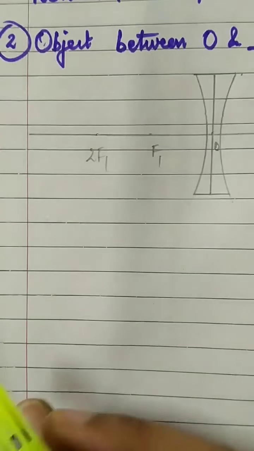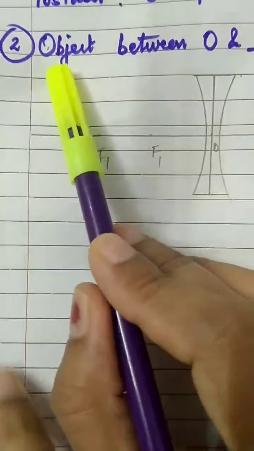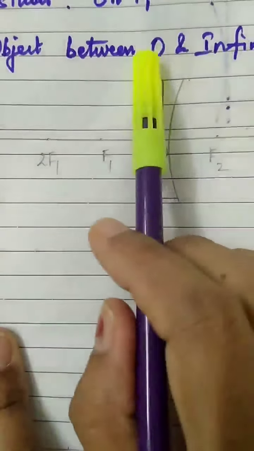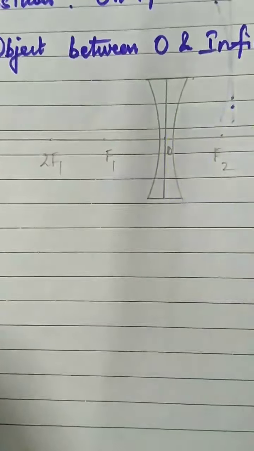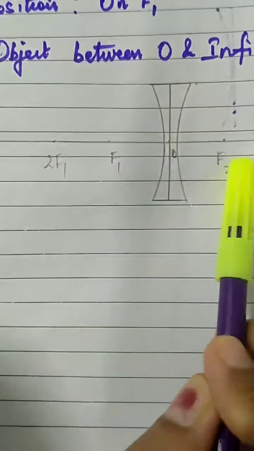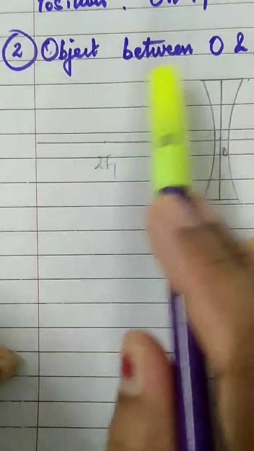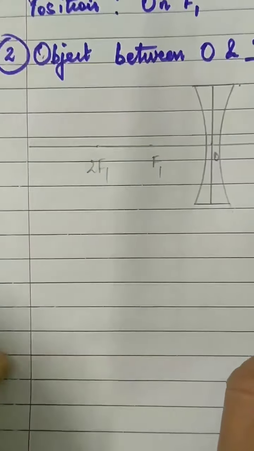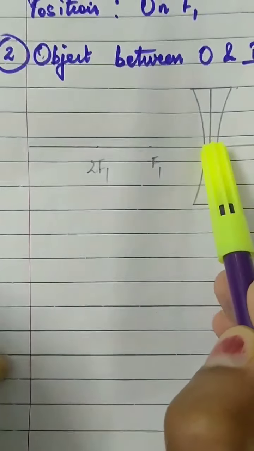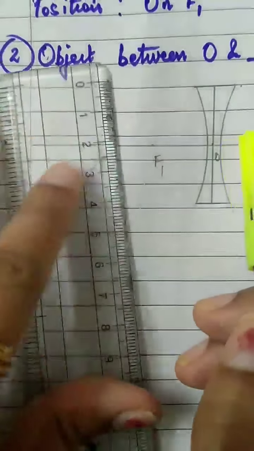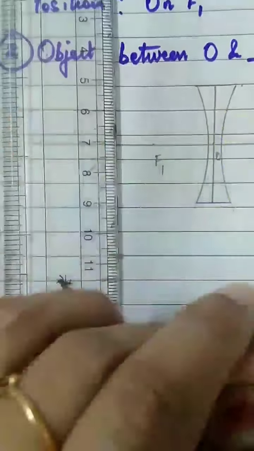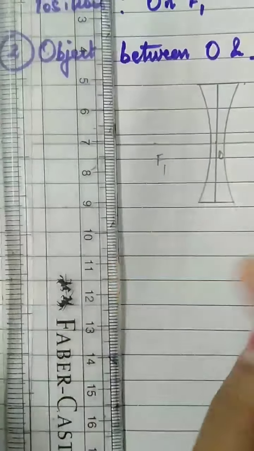Let's consider the second position of the object, between optical center and infinity. So I have drawn the lens, with the same measurements, 2 centimeter, 2 centimeter, 2 centimeter. Now somewhere between optical center and infinity, let us consider somewhere here close to 2F1.